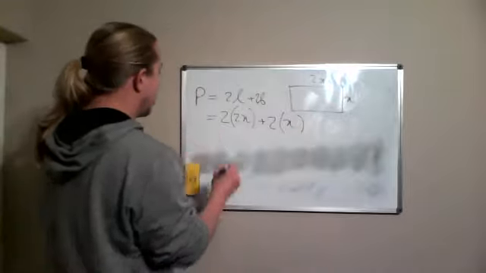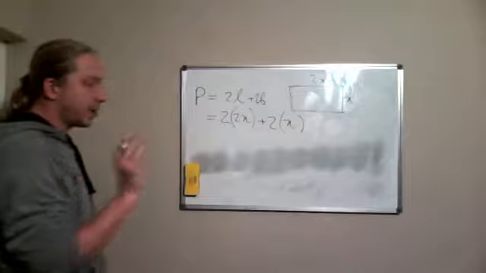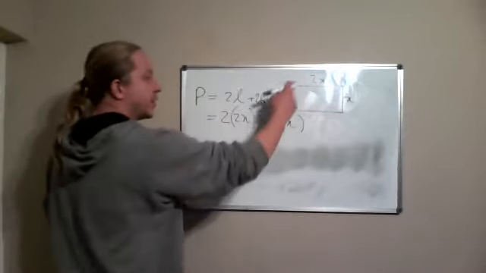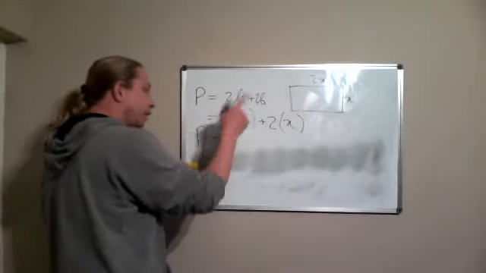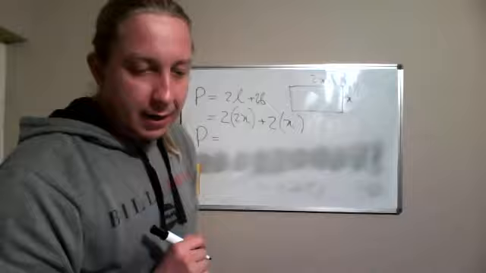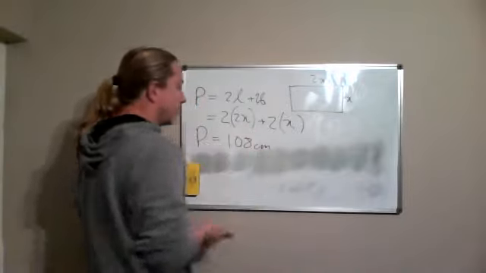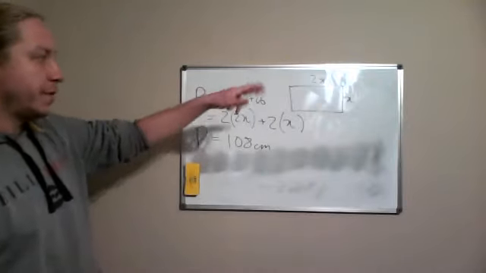Okay, so let's multiply this out. Well, actually, no, let's not multiply it out yet. So this is the expression for the perimeter given the rectangle that we have. But they also told us that the perimeter of this particular rectangle is 108 centimeters. Okay, well, do you see this P is the same P? It's the perimeter of that shape.